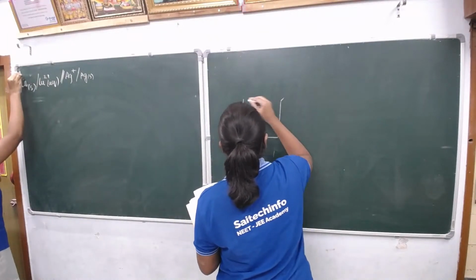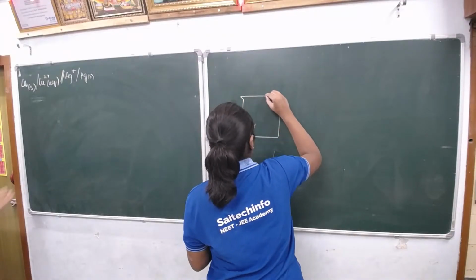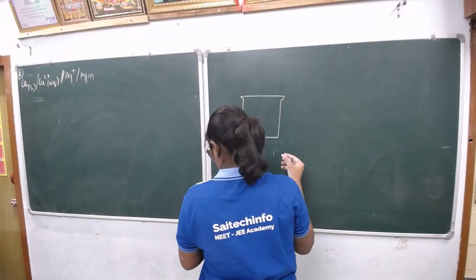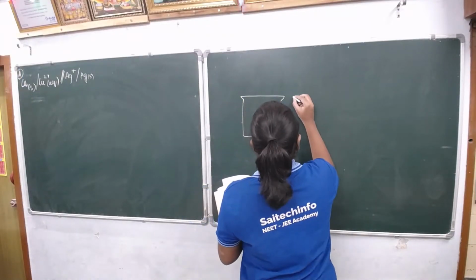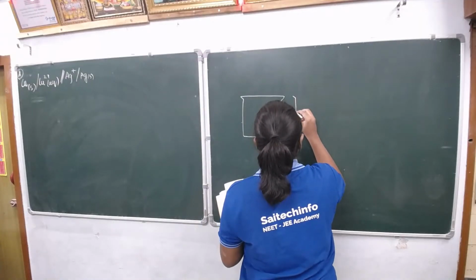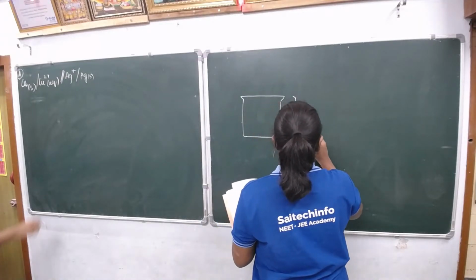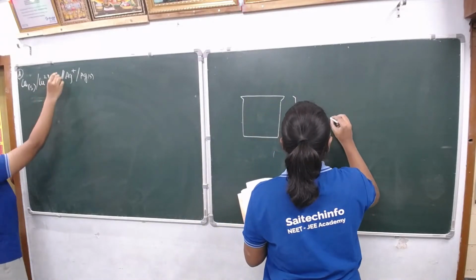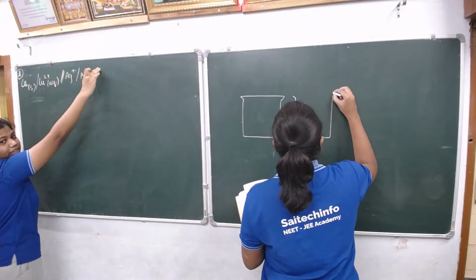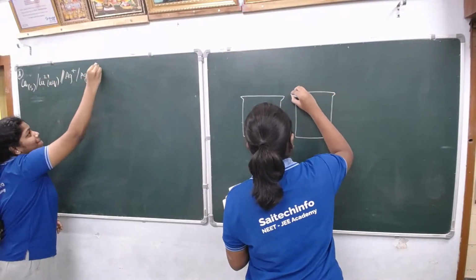Put A, simply A, anode, round it. So always you represent the anode on the left side and the cathode on the right side. C on the extreme right.